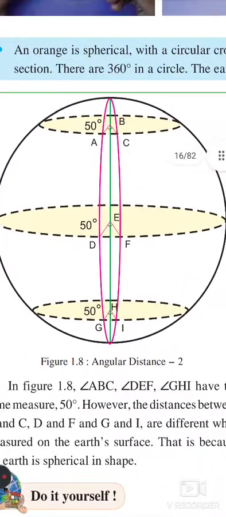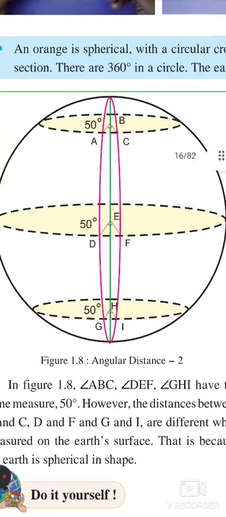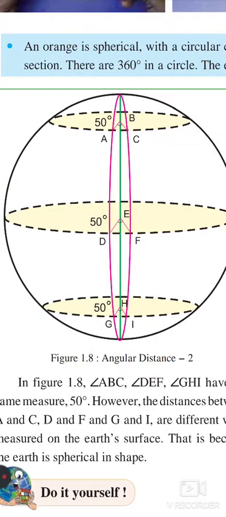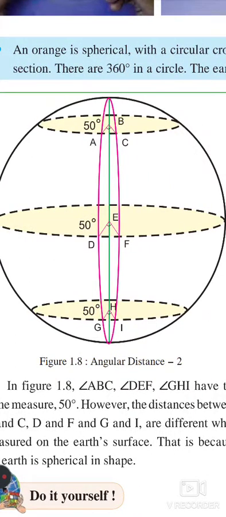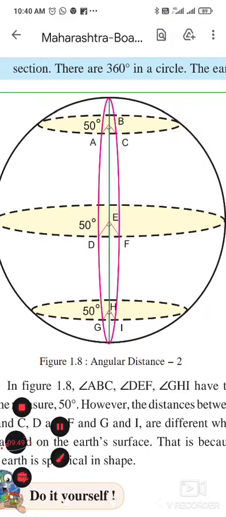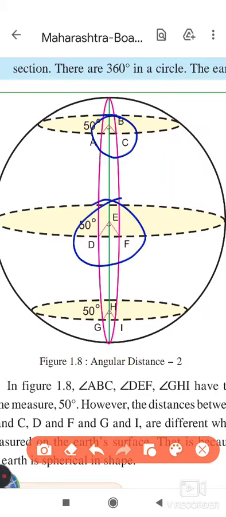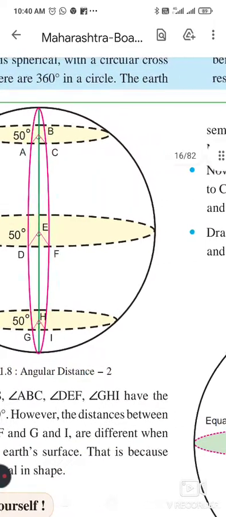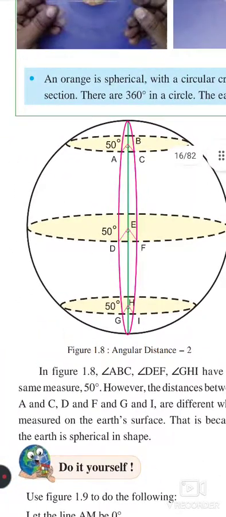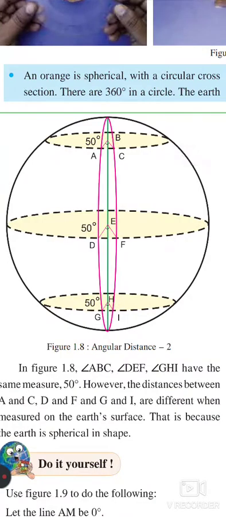Let us look at an example. This is the angular distance. How to find out the angular distance in figure ABC. So here is the figure: ABC, figure DEF and GHI have the same measure of 50 degrees.